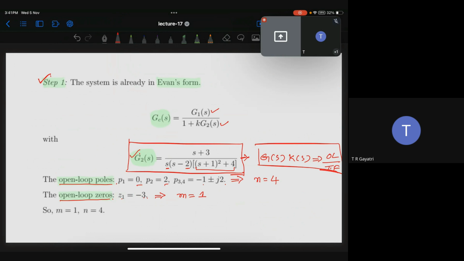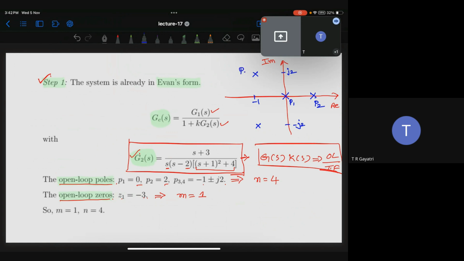Yes, sir. So the first step is to find the open loop poles and zeros and locate them on the s plane. Here we have one pole, P1, P2, then this is -1, correct? Is this clear?